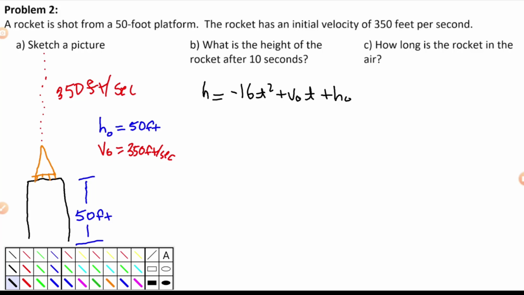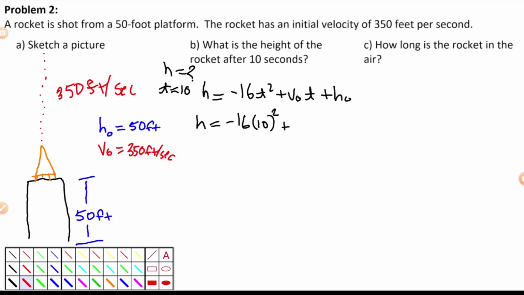All right. So what are we looking for in this problem? We want to know the height of an object, so we want to know what is the height when time is 10 seconds. So after 10 seconds, what is the height of this object? So let's start working this out. So h is equal to negative 16, and then t is time, so we're going to substitute our 10 in there, plus our initial velocity.